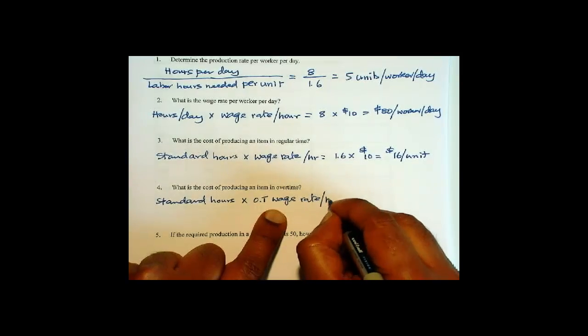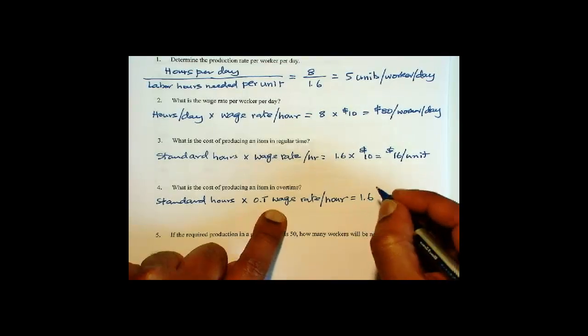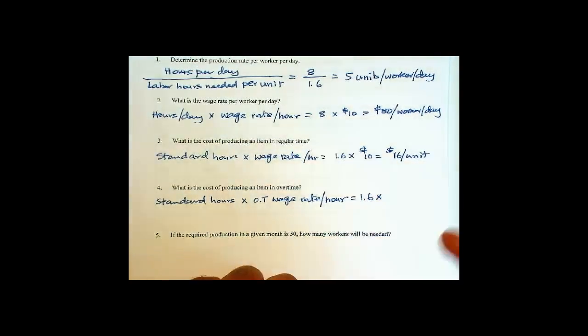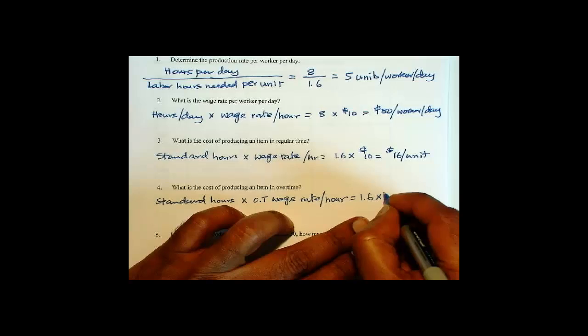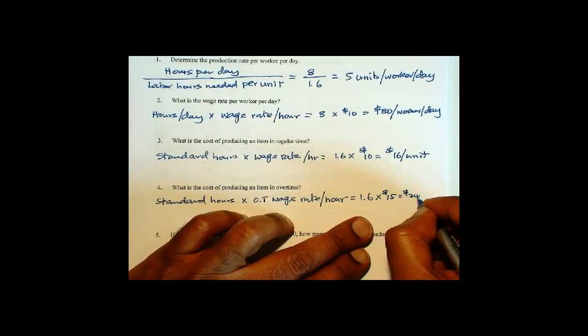So that is equal to, again, 1.6 hours times overtime wage rate. Remember, we assumed overtime wage rate is going to be $15 an hour. So 1.6 times $15 will give you $24 per unit.